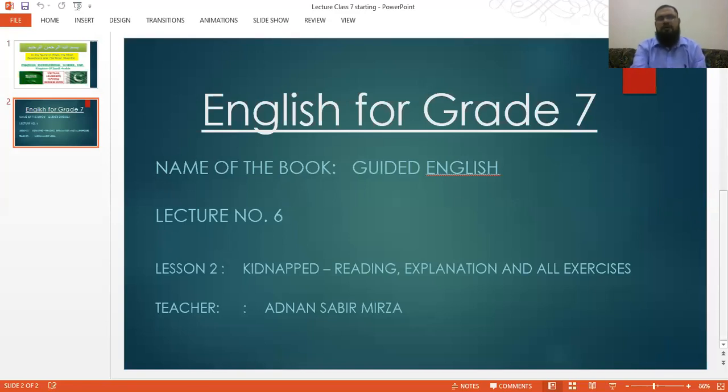Today we are going to study English for Grade 7, Guided English. Today is lecture number 6 and lesson number 2, Kidnapped. First, we do the reading of the lesson.